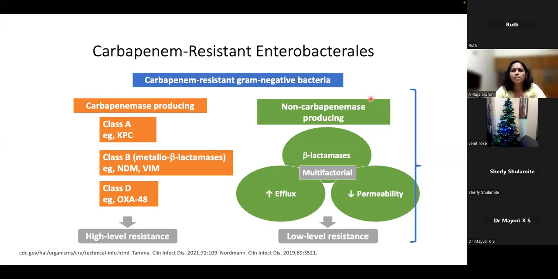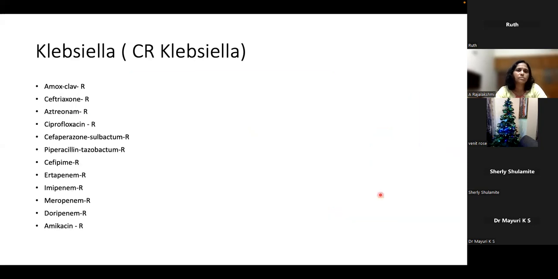There are other non-carbapenemase producing resistance mechanisms, and these are due to multiple mechanisms, efflux and decreased permeability. This is much more common in non-fermenters, like Acinetobacter and Pseudomonas. This is an example of a carbapenem resistant bug, which is a Klebsiella, where you find all the drugs, including the carbapenem, resistant, and even polymyxin is resistant. And for this we have other drugs to work.